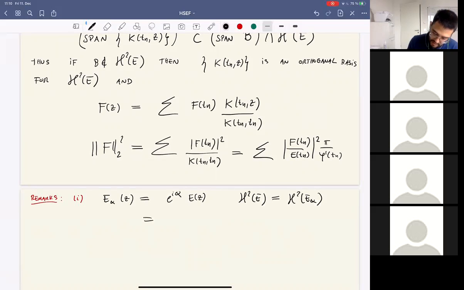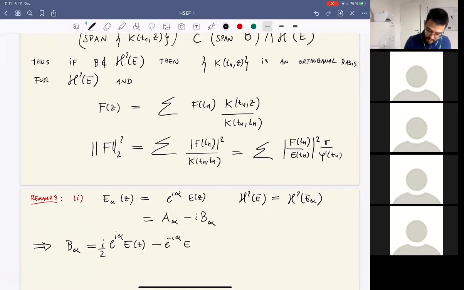But then you realize that if you write the second function as we always do, as A minus iB, where A_alpha and B_alpha are real entire, you see that B_alpha is the function i/2 (e^{i alpha} E(z) - e^{-i alpha} E^*(z)). So B_alpha(x) is i/2 (e^{i alpha} E(x) - the conjugate of e^{i alpha} E(x)).